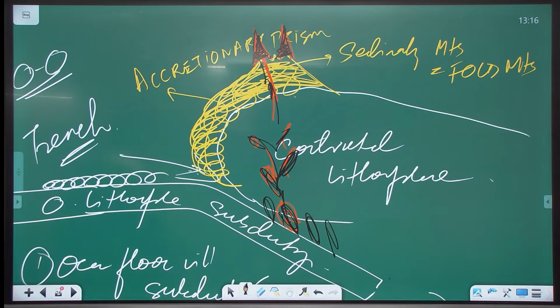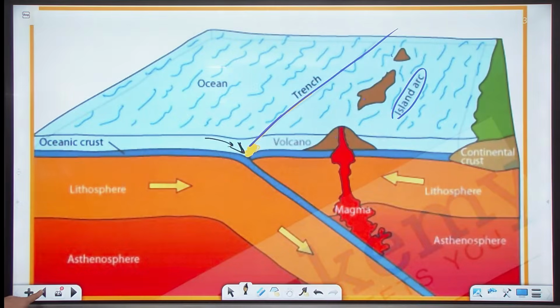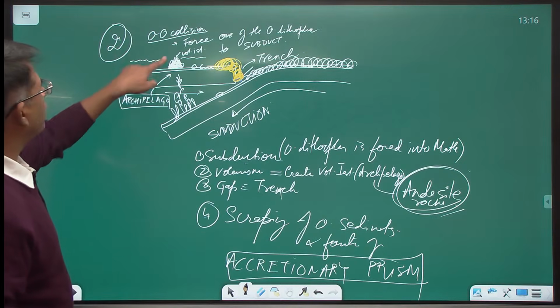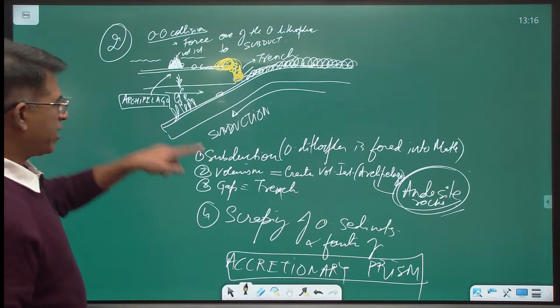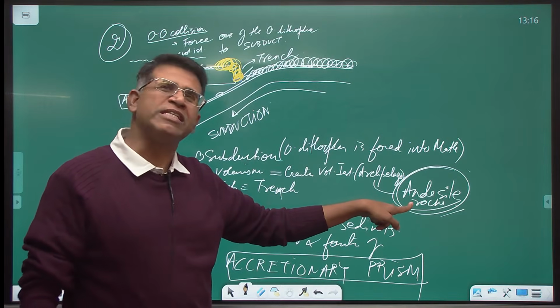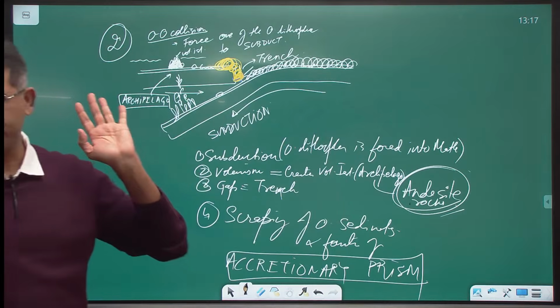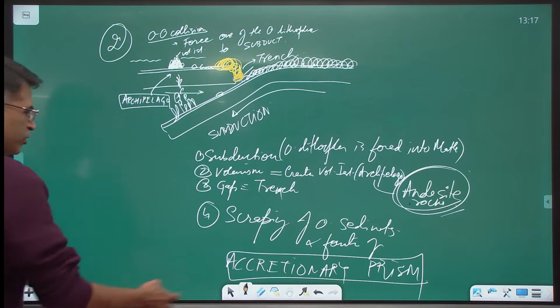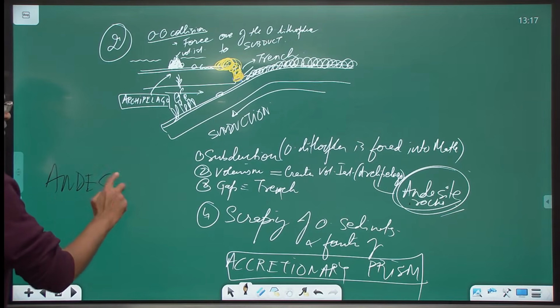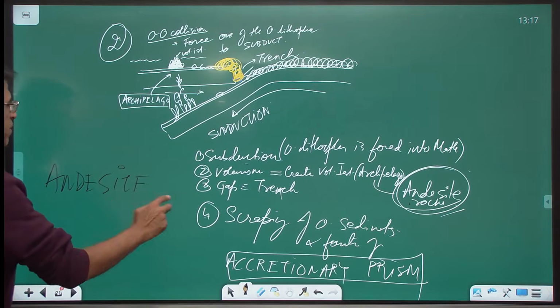Okay? In case of ocean type, I had mentioned andesite rocks. So in ocean-continent also andesite will form, not basalt. Andesite is one type of rock. How formed, why formed, I'm skipping all of that.